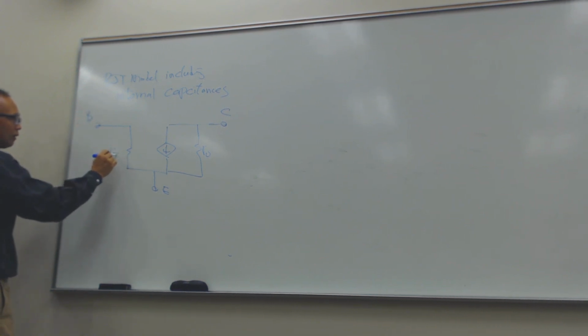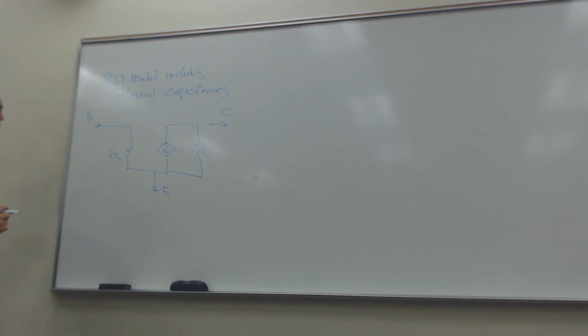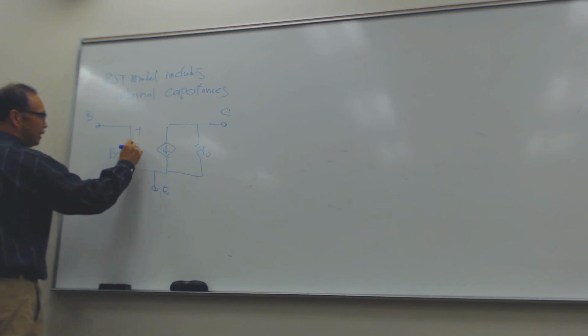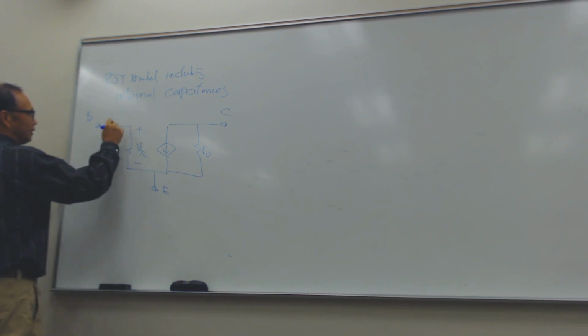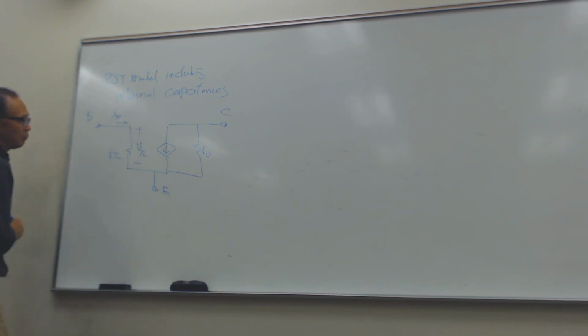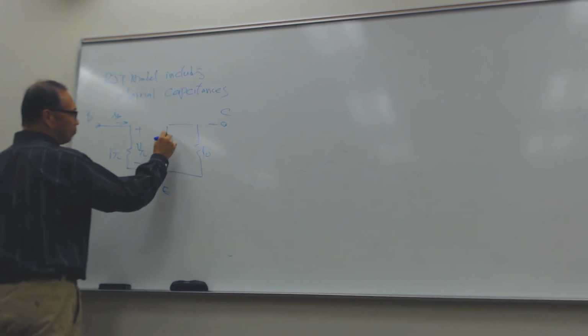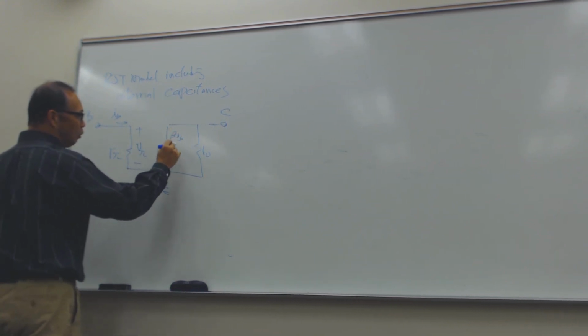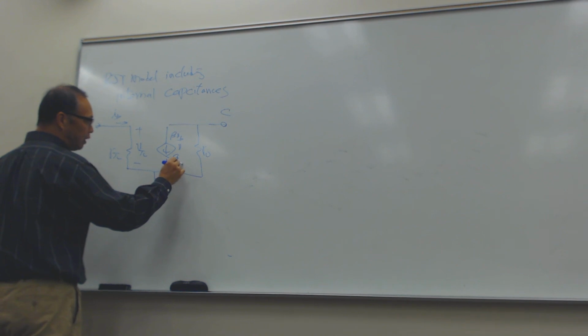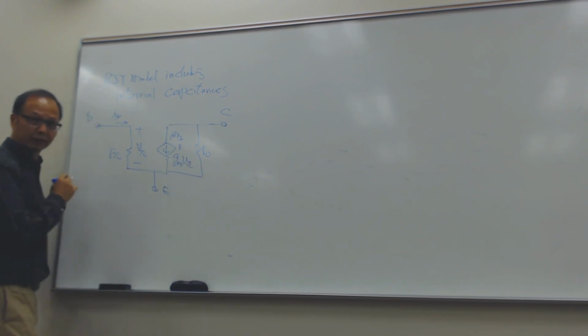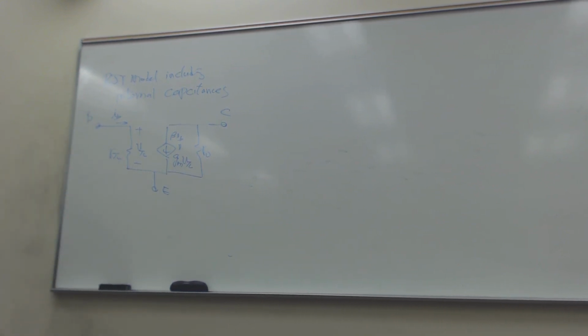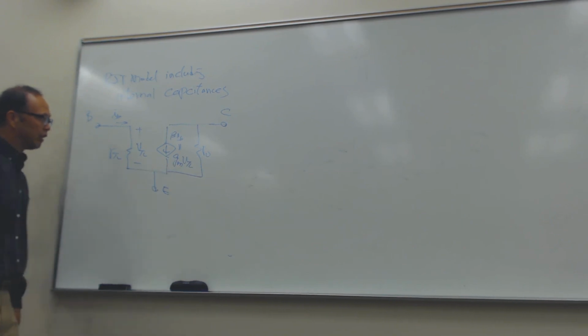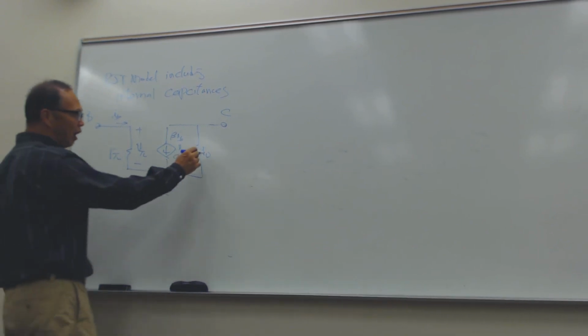This is R pi, correct? You can call this V pi if you like. This is I sub B, yes? This is beta I sub B, or you can call this g_m V pi, yes? There's a formula for g_m, and you know r_0, right?